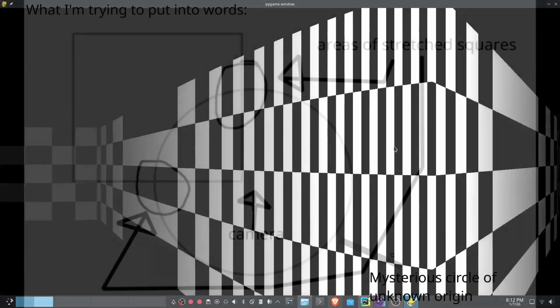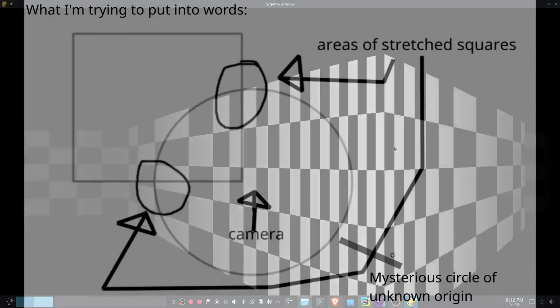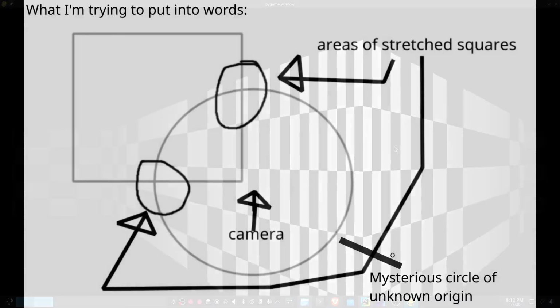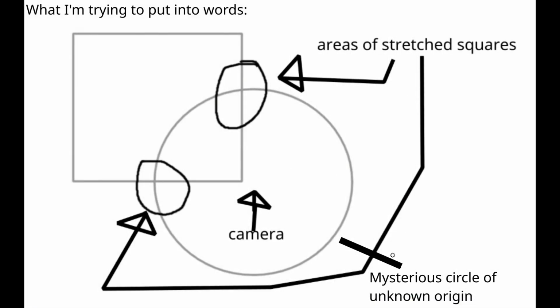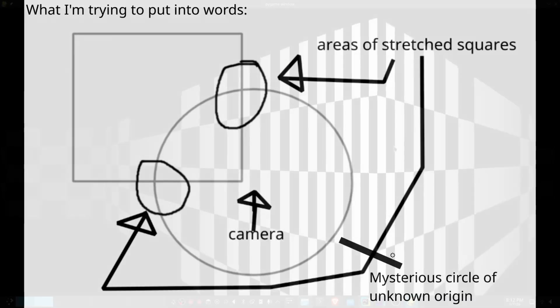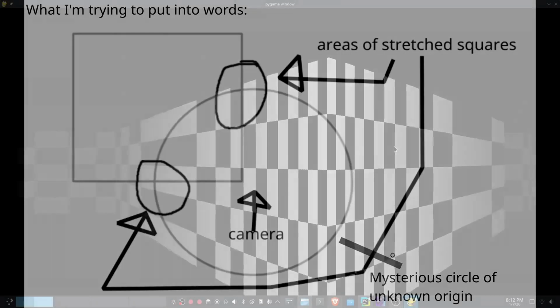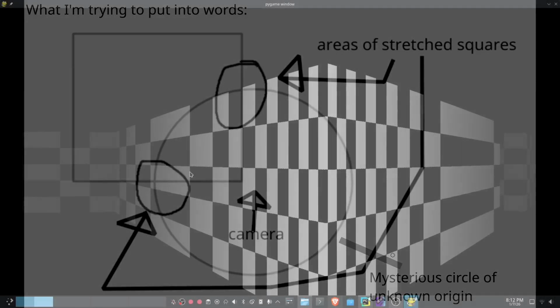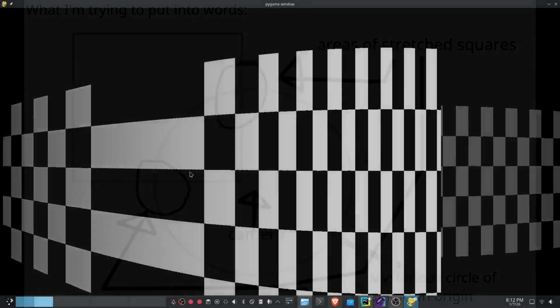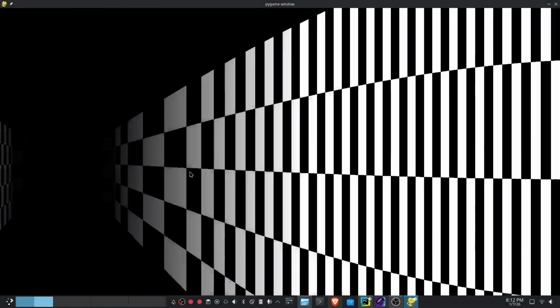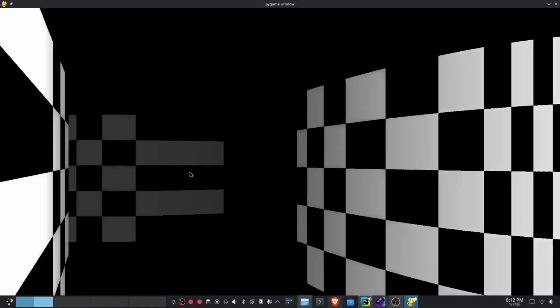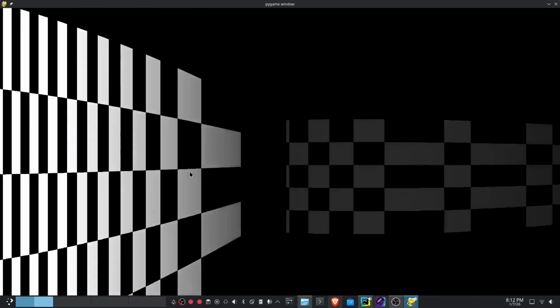If I get far enough away from a straight wall, do those two offsets converge?